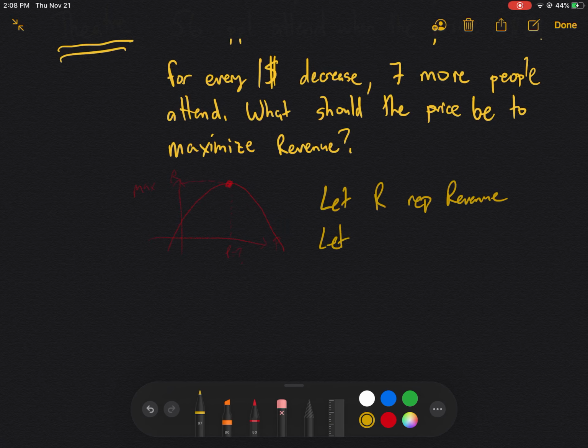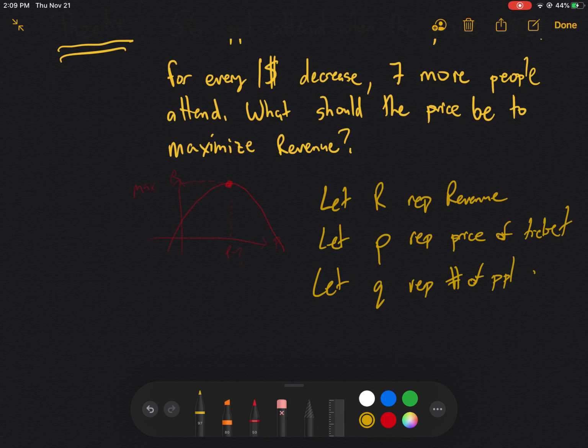Let P is unknown. We're just marking our unknowns. Let P represent price of ticket. And let Q represent number of people attending.